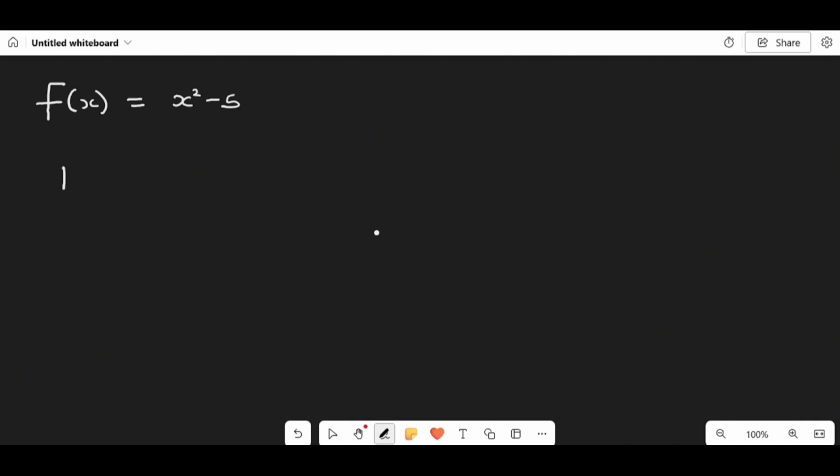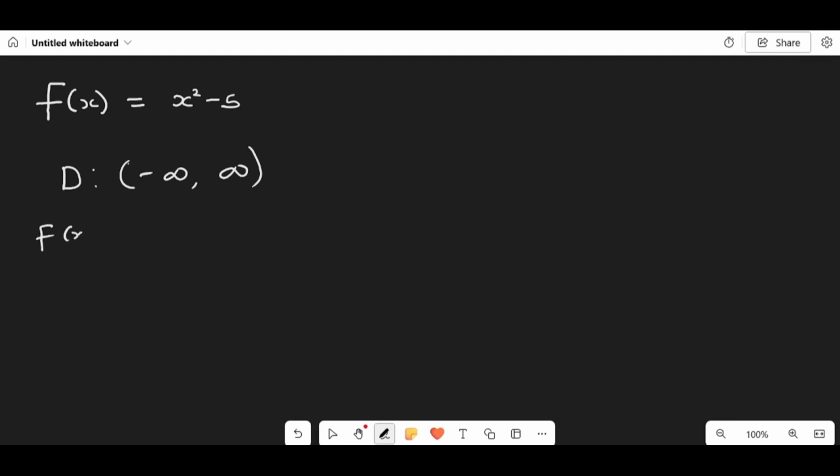That means D, which represents domain, colon, open bracket, negative infinity, positive infinity, close bracket. This is the domain of the given function. Now let us find the range. But before we find the range, let us first write it in standard form.